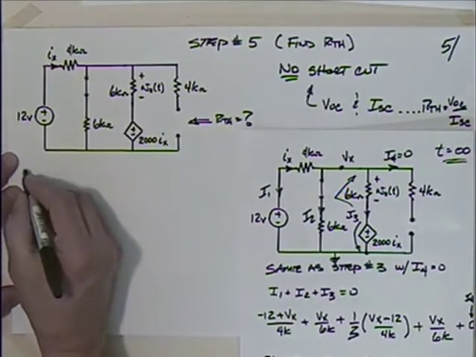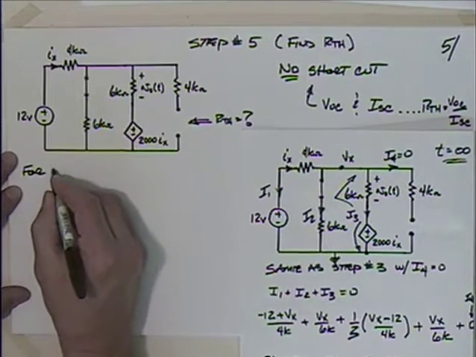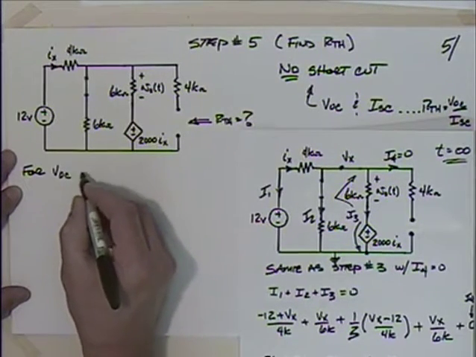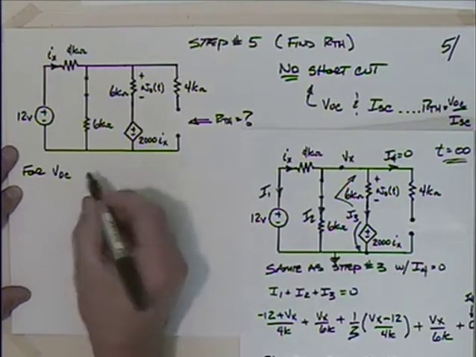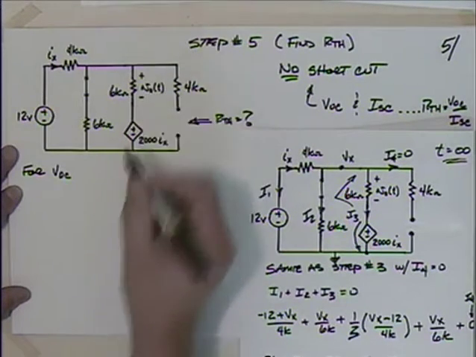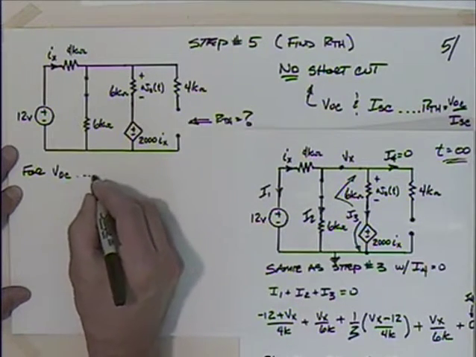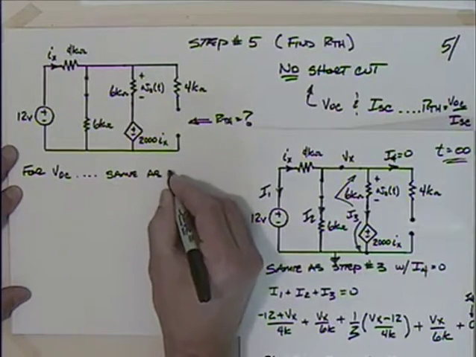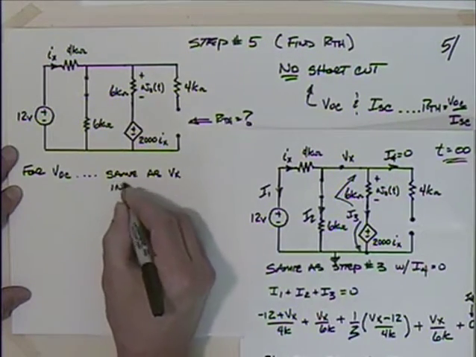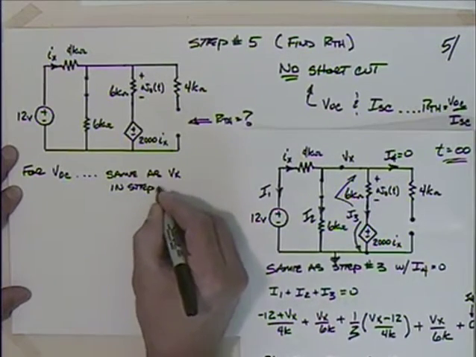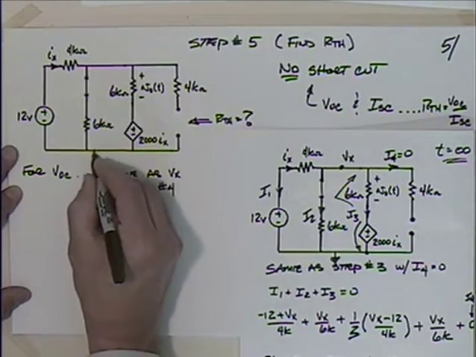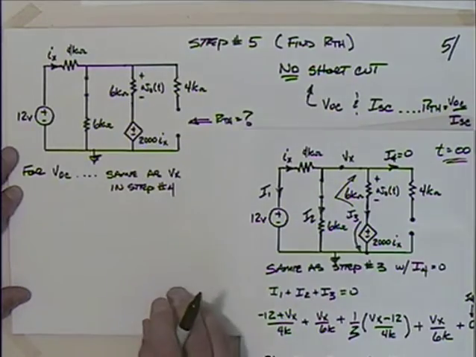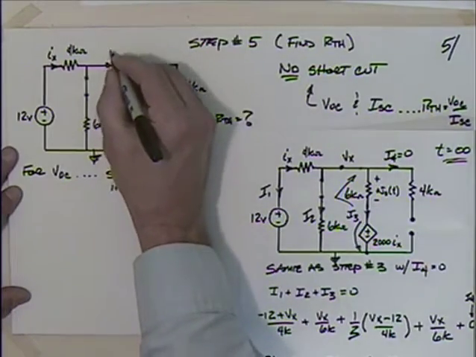So we could say for V open circuit, that would be the same as Vx in step number 4.